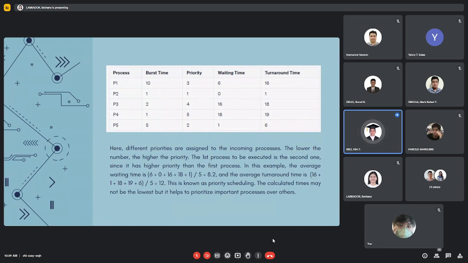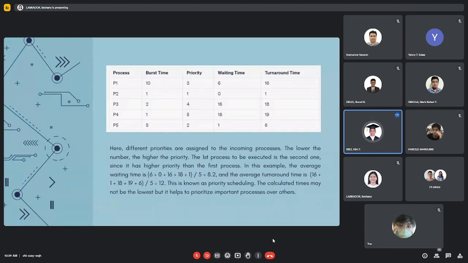P5 has a waiting time of 1 since P2, the previously executed process, takes 1 unit to complete its execution, with a turnaround time of 6 because P5 has a burst time of 5. So waiting time plus burst time, 1 plus 5, is equal to 6. The next execution is with priority number 3, P1.